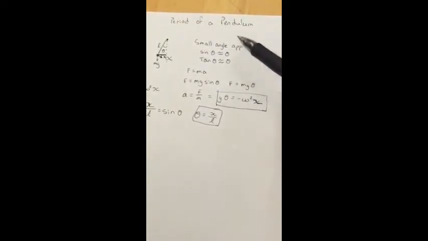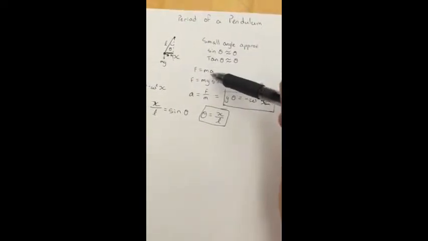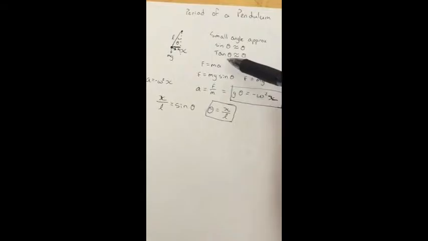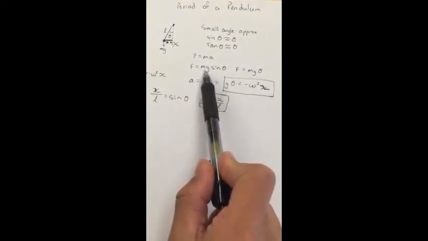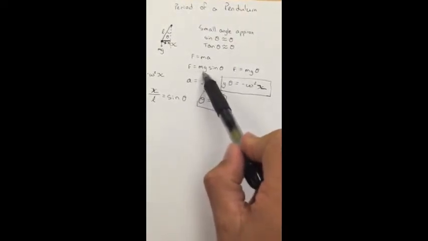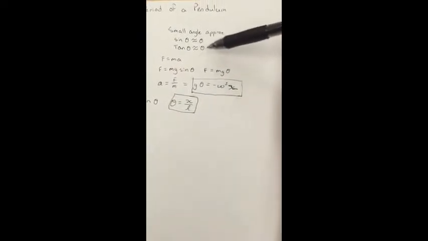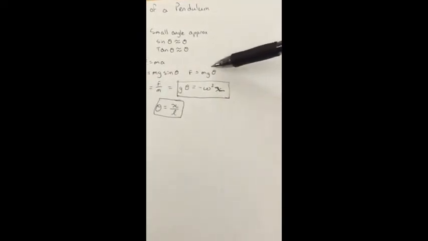So we know that force is equal to mass times acceleration, and using this, we can see that force would be equal to the weight, or the mass times gravity times sine theta. And using small angle approximation, that gets us to force equals mg theta.